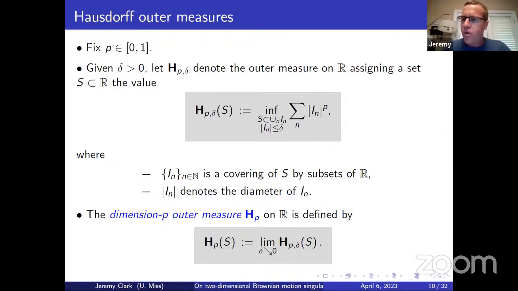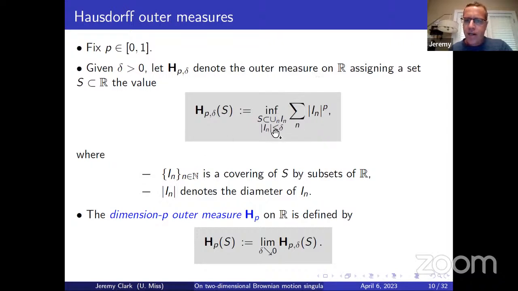So I'm just going to review Hausdorff measures and Hausdorff dimension. This is a formulation for how we can measure the size of sets. Okay. Now fix some number p between 0 and 1. Given a small number delta, let H denote the following outer measure on the real line.